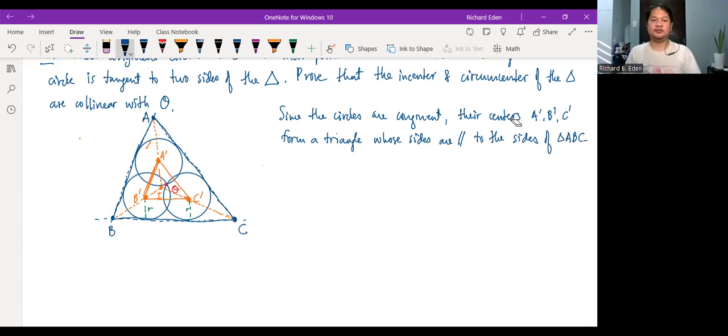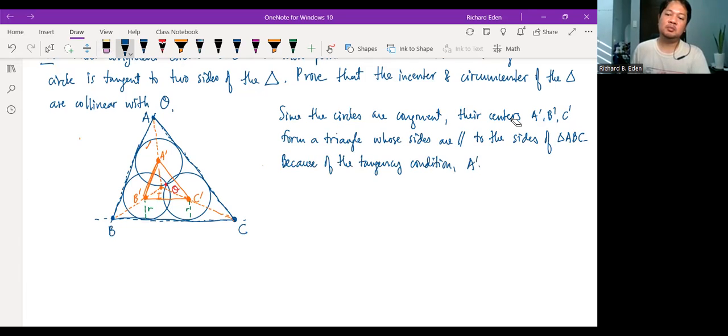And then because of the tangency condition, A prime, B prime, C prime are on the corresponding angle bisectors of triangle ABC.